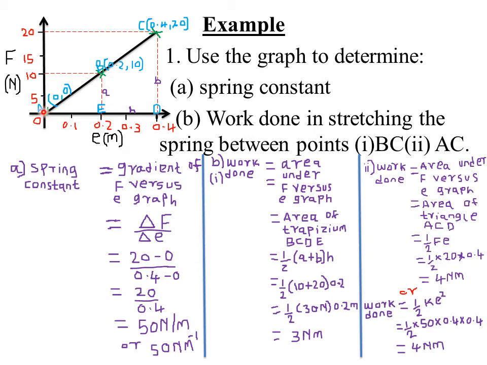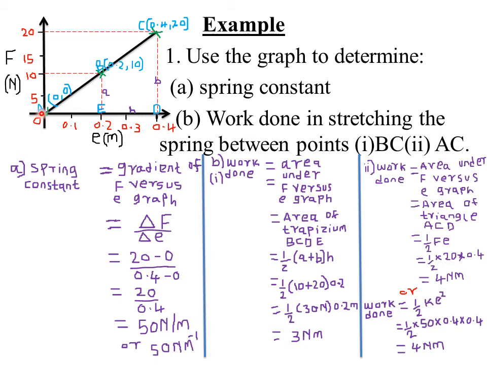Now remember, from point A to C is the total distance, or the graph for the whole experiment. So the work done will be equal to the area under the force versus extension graph, in this case the area from A to C. So the area under the graph is this particular area here, that is the area ACD back to A. If you observe this area keenly, it is the area of a right angled triangle.